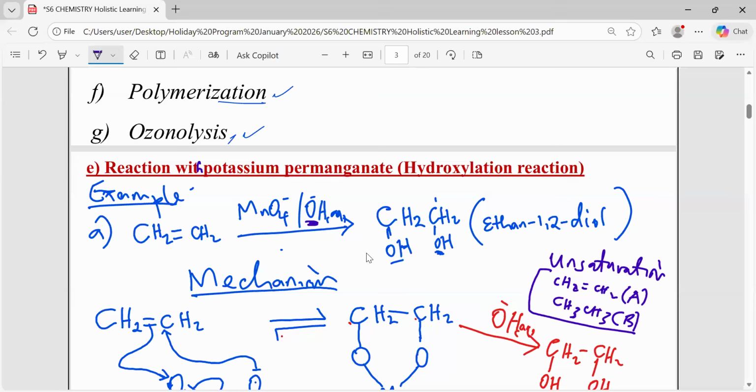When you add potassium permanganate to A, it will change from purple to colorless. But if you add it to B, which is an alkane, there will be no change. So we can use this reaction to test for unsaturation, to know which one is saturated and which one is unsaturated. For unsaturated compounds like alkenes or alkynes, it will change from purple to colorless.